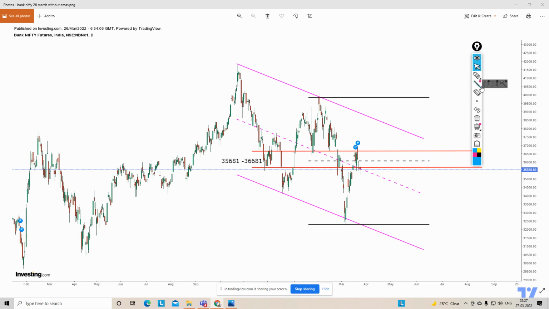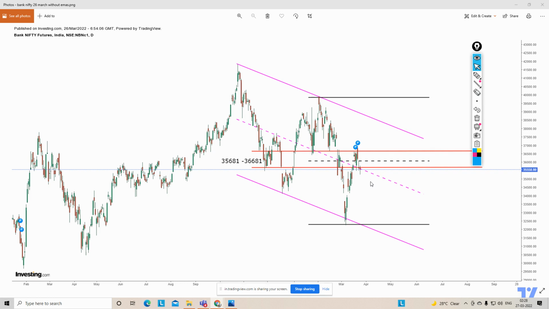So what are these structures, and what are the hints we're going to discuss in the video, which will tell us how and why the market is going to be a very volatile, very confusing market, right?